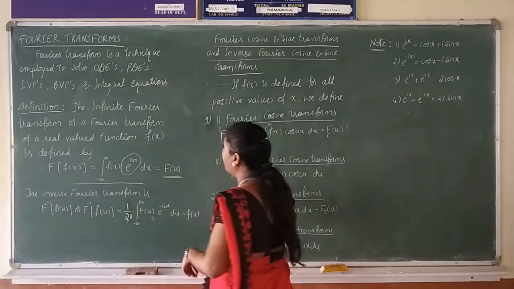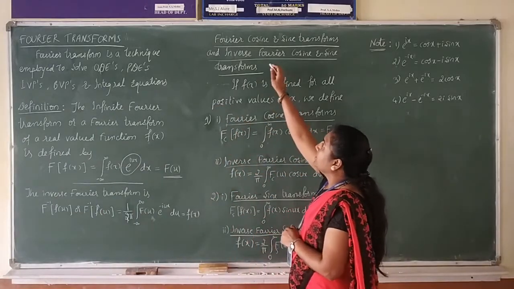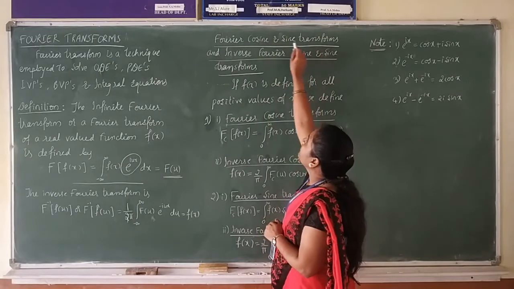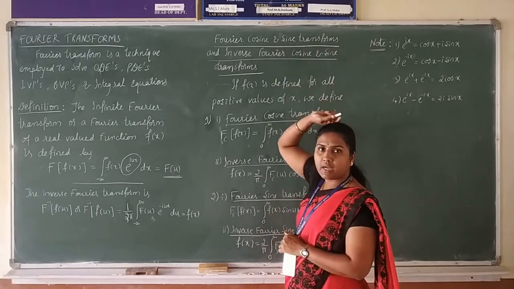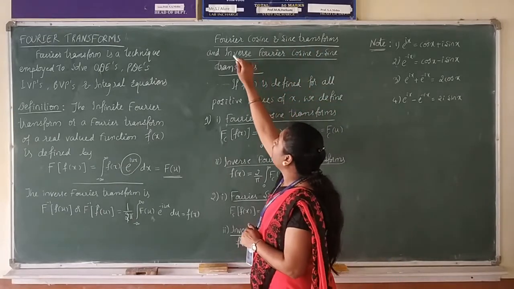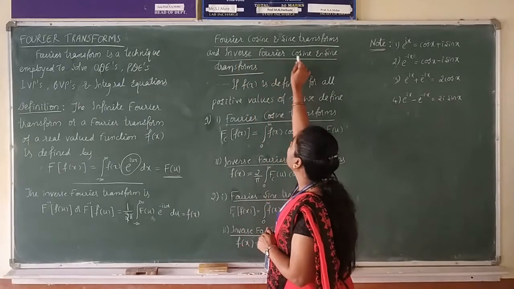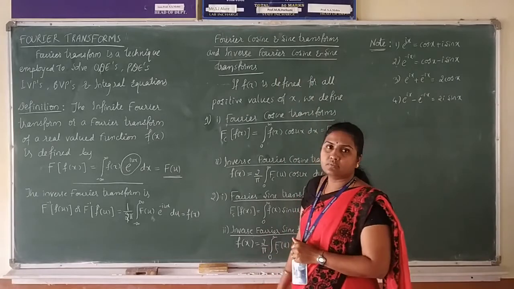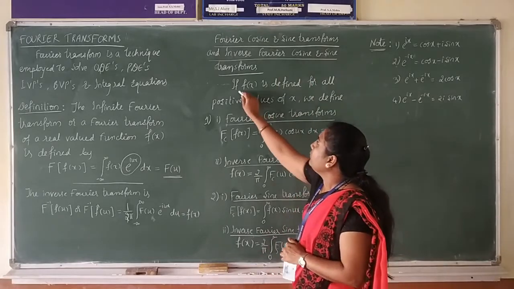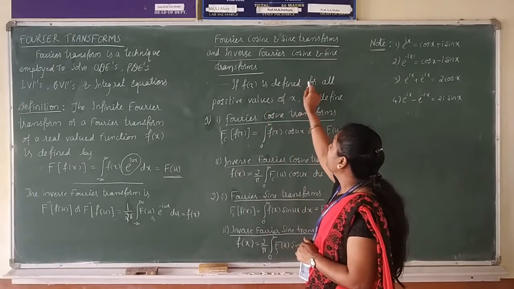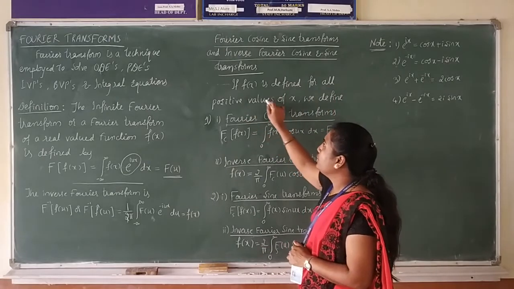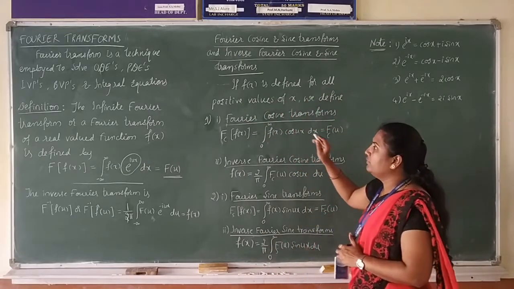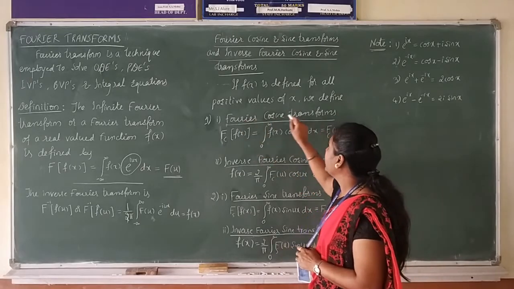Next, we have the types of Fourier transform. One is Fourier cosine transform, another one is Fourier sine transform. Along with that, we have inverse Fourier cosine transform and inverse Fourier sine transform. If f of x is defined for all positive values of x, we define first the Fourier cosine transform.